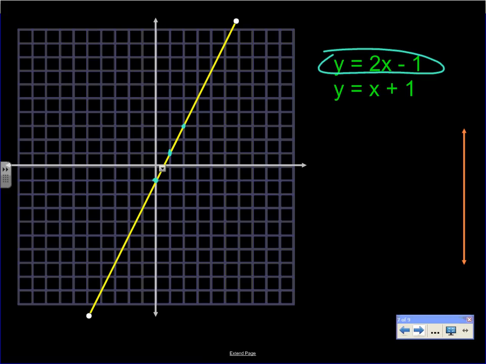You should always extend them in both directions because you never know where the second one is going to cross it. So let's say y-intercept is positive 1, and the slope is 1 over 1. So 1 over 1, 1 over 1, and there's our answer.